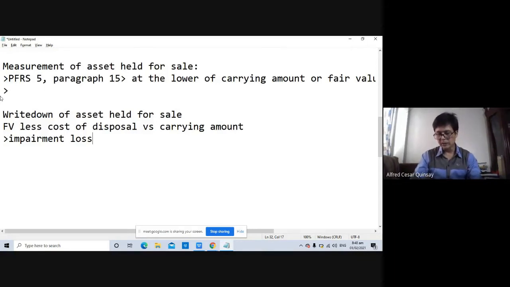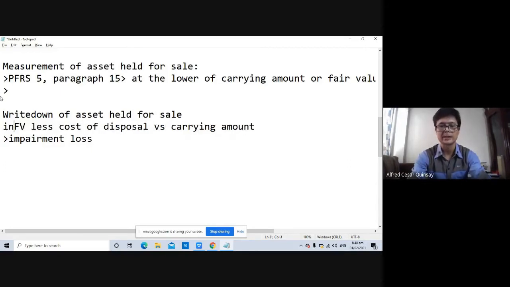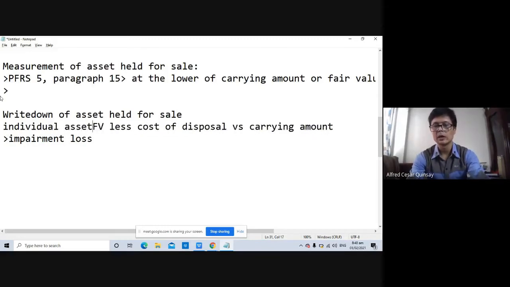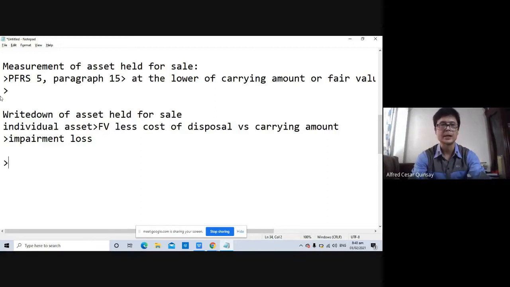Now, if the non-current asset is a disposal group, we're talking about individual assets dito. Pero paano naman kung a group of assets? If the non-current asset is a disposal group, the impairment loss is apportioned across the assets based on carrying amount.